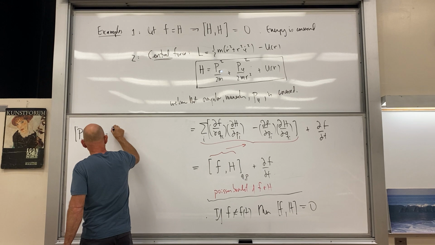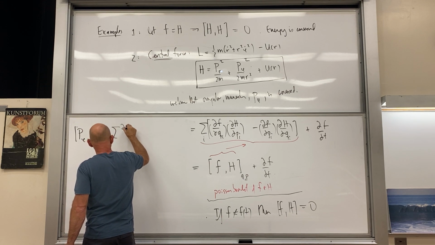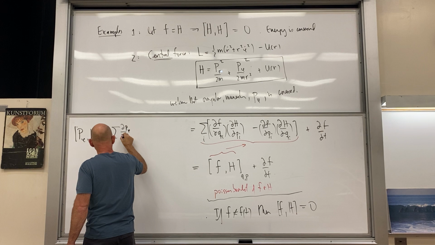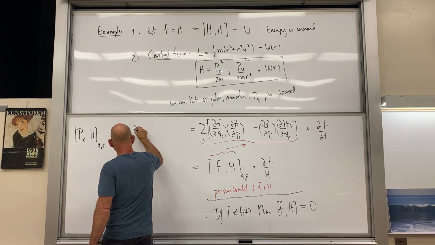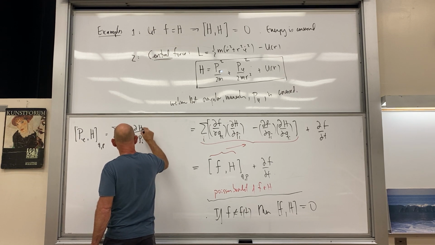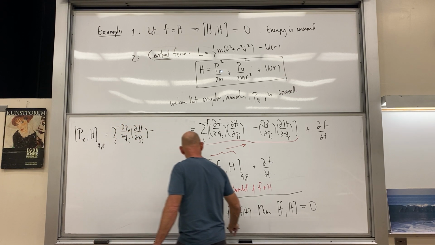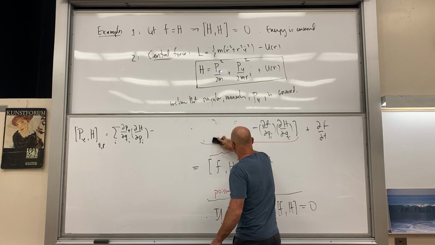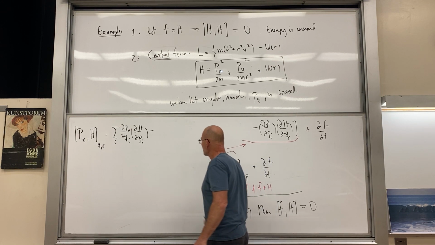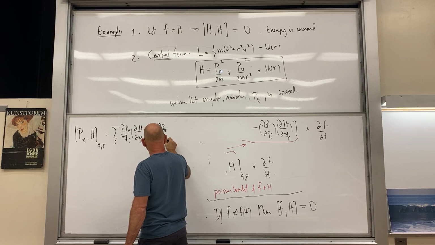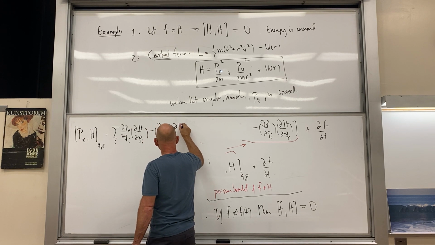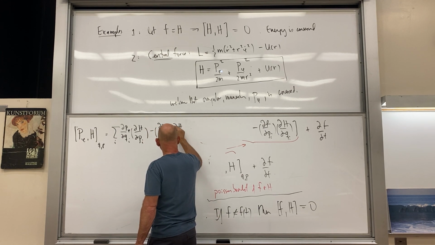So it's the sum over ∂p_phi/∂q_i ∂H/∂p_i minus ∂p_phi/∂p_i ∂H/∂q_i.